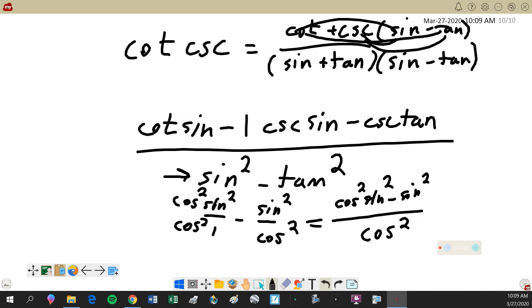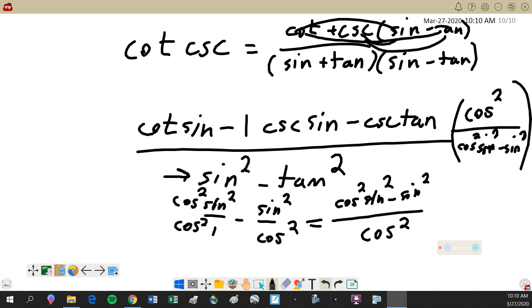Now I can invert and multiply. We'll see what happens. It might be a bad idea. Cosine squared, and then on the bottom, wait a minute. Yeah. Alright, so cosine squared sine squared minus sine squared. Would that simplify down?